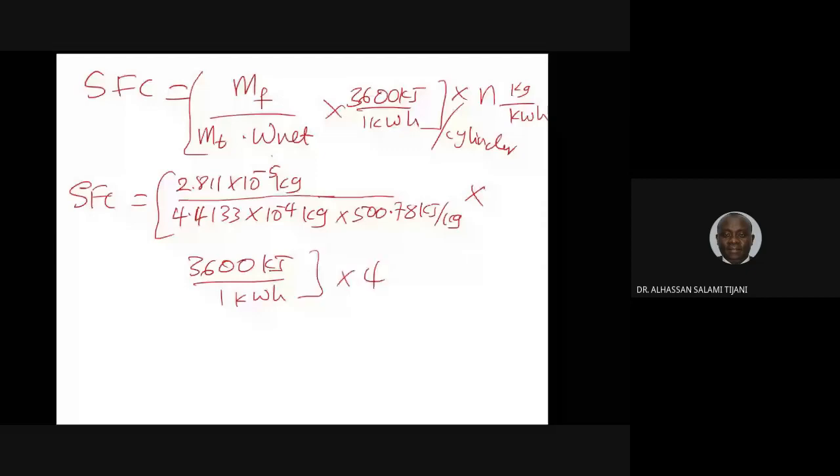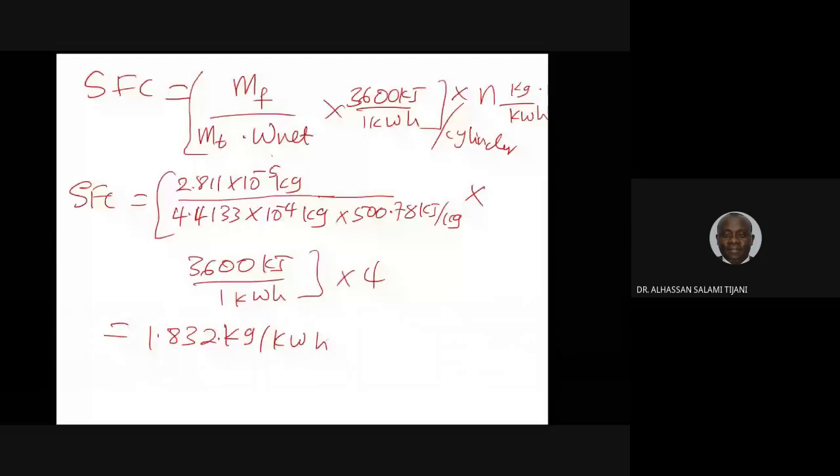So eventually we will have 1.832 kilogram per kilowatt hour. Okay, so I think I should cancel this out.